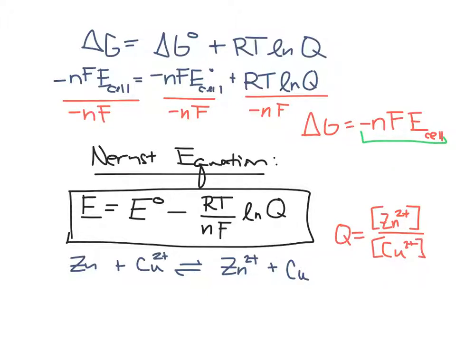Now, to figure out whether your cell potential is going to be greater or less, by comparing the ratio of the zinc ions to the copper ions, all you really need to know is how logarithms behave and whether they will produce a positive number or a negative number depending on the values that you put inside them. So think for a moment about a logarithmic graph.